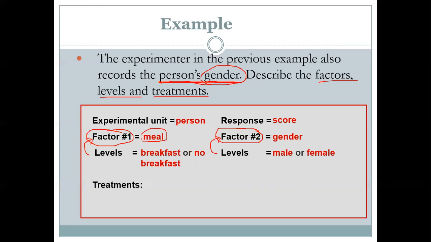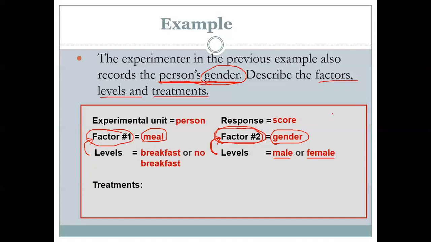Gender will be the second independent variable or the second factor. Because gender only has two groups, the levels to measure the factor are only male and female.